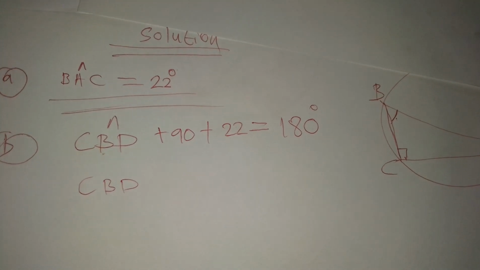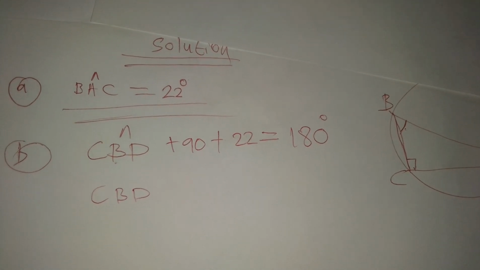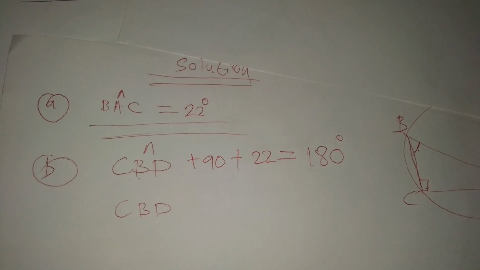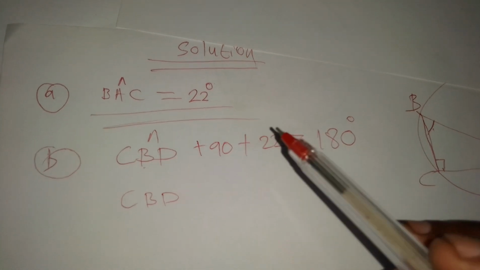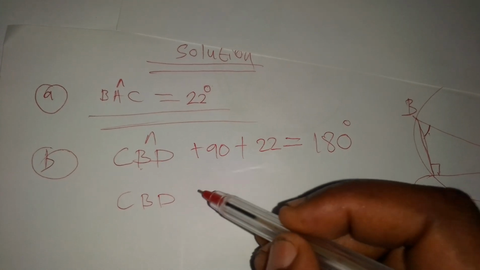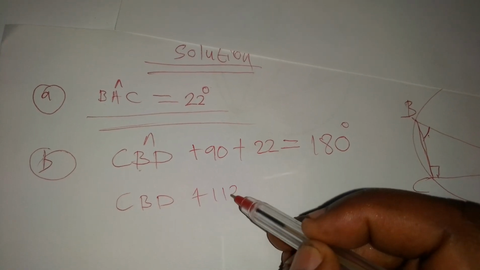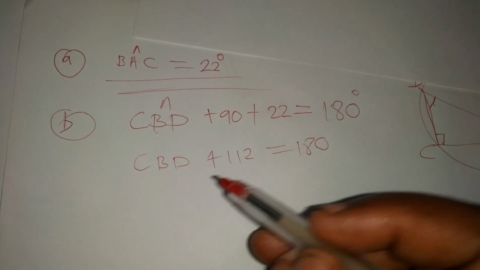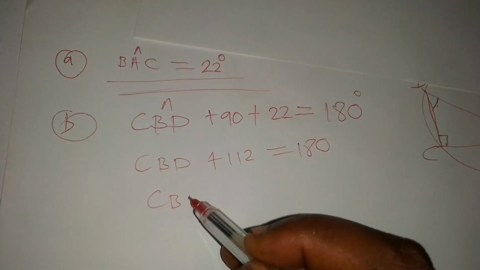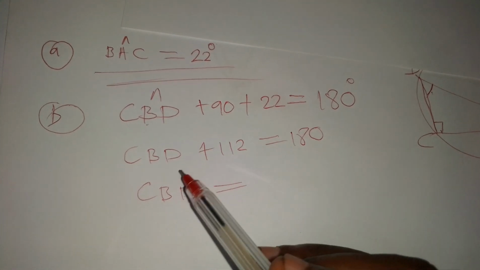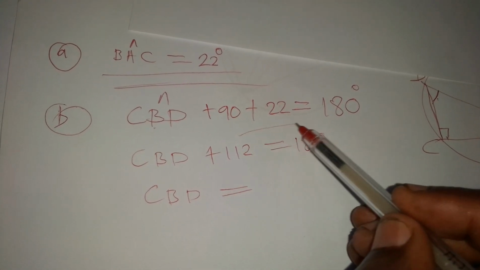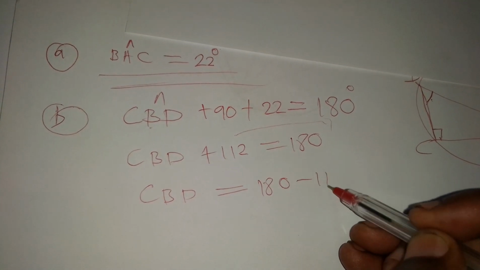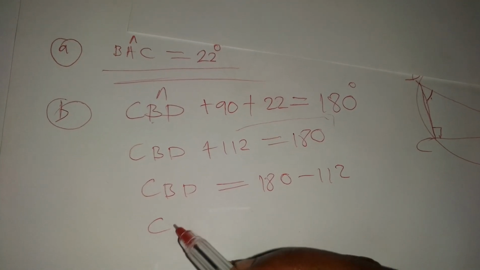So this is Paper 1. I encourage you to solve without using a calculator, because in Paper 1 we don't use a calculator. When we add this, we get 112, equals 180. So we say CBD equals, we know that we cannot add this, so this will go to the other side. We have 180 minus 112.